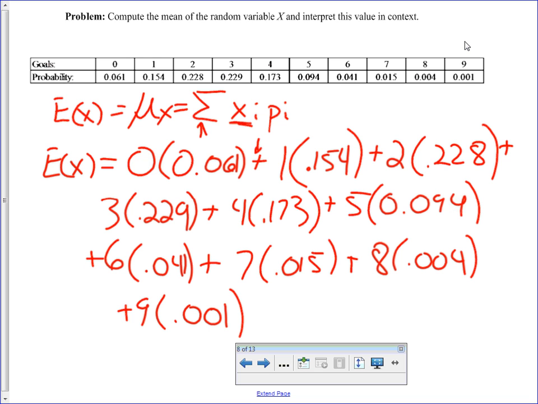And so if you plug all that into your calculator, which you should pause and do and make sure we get the same answer, we get a value of 2.851. But if you remember, we said we learned to find this and interpret it.